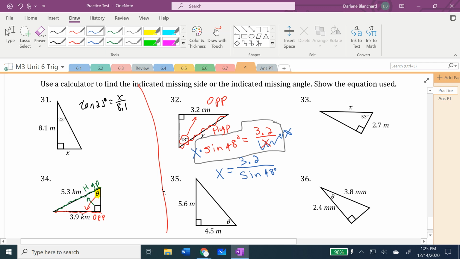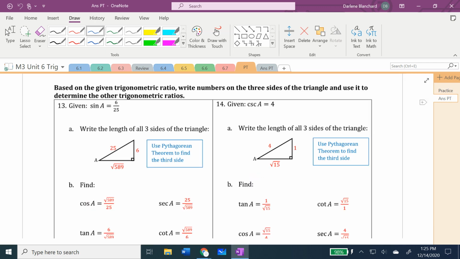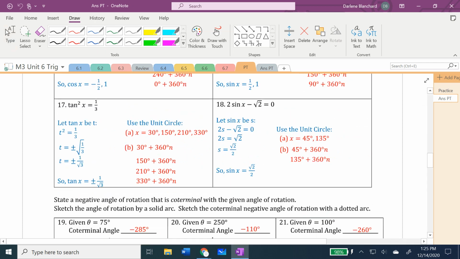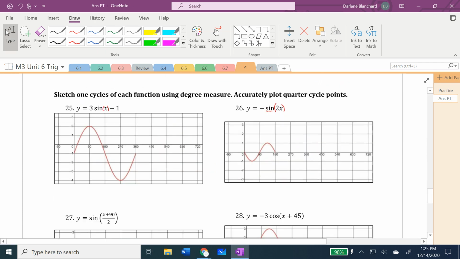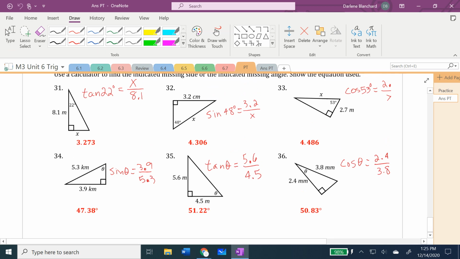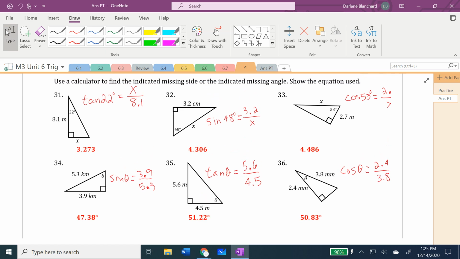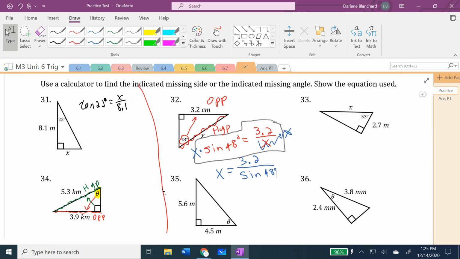Use your calculator, and with your calculator, you will get 4.306. And test your calculator before class to make sure you're in degree mode.